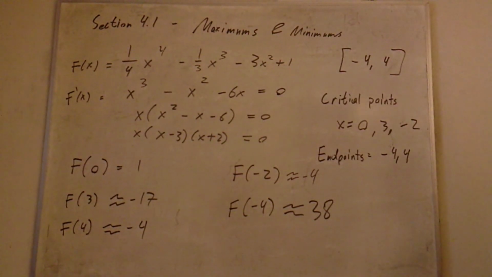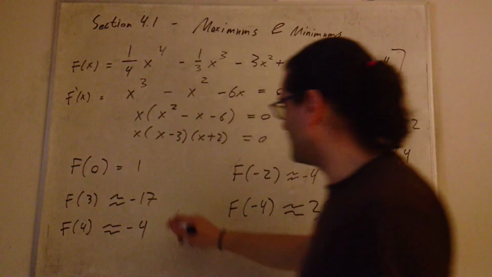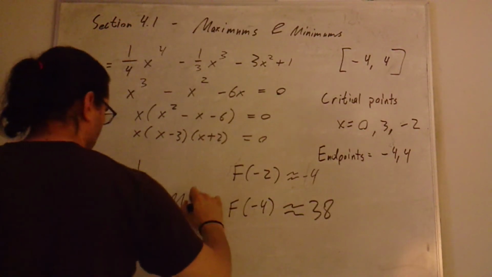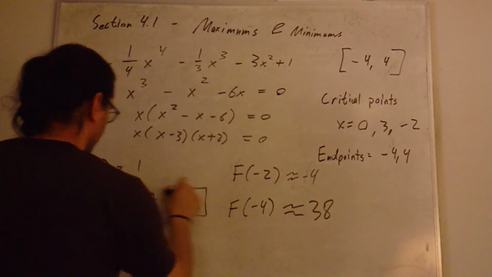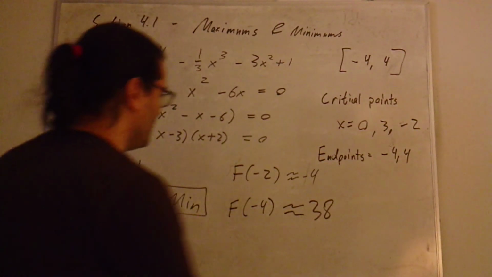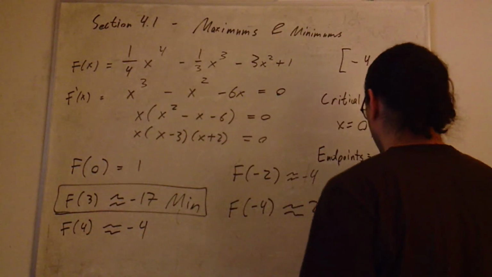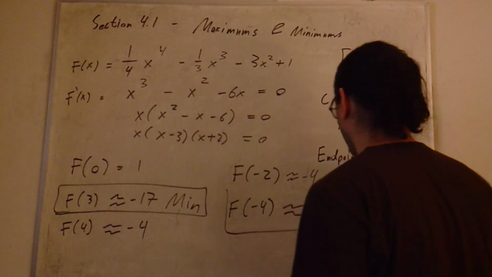So I have a global minimum here. This is the smallest number we have. And I have a global maximum here. This is the biggest number we have.